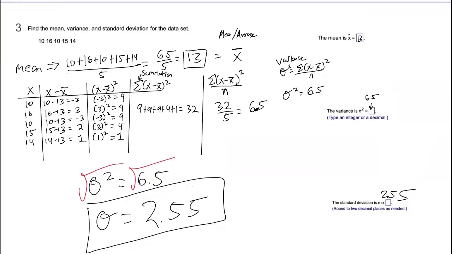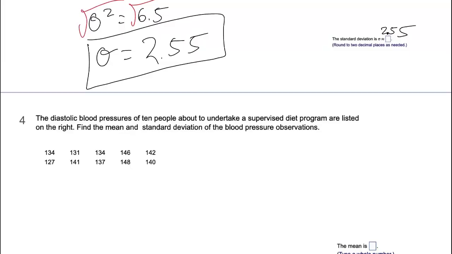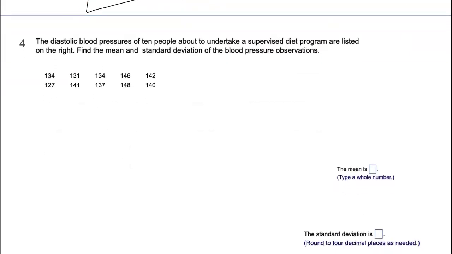Okay, so we found the standard deviation. For number 4, we're just gonna do it one more time, but in this case we have more numbers. All right, first things first. Number 4: the diastolic blood pressures of 10 people who undertake a supervised diet program are listed on the right. Find the mean and standard deviation of the blood pressure observations.